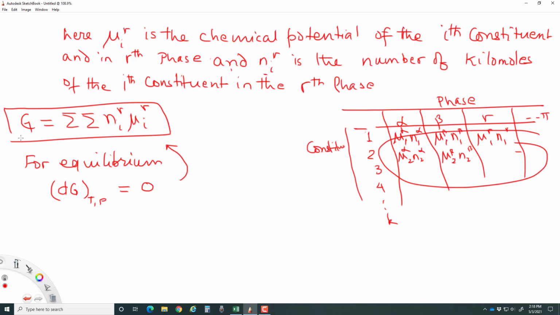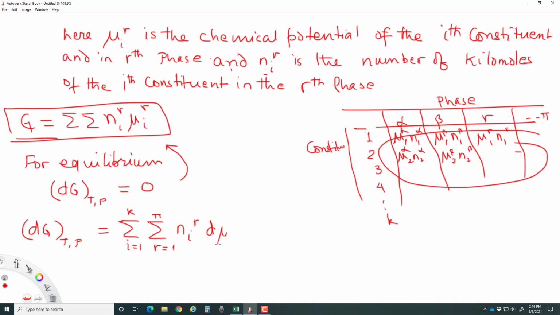So dG at constant temperature and pressure, using the product rule here, we can write the summation over i from 1 to k, gamma from 1 to pi, n_i^gamma d mu_i^gamma.